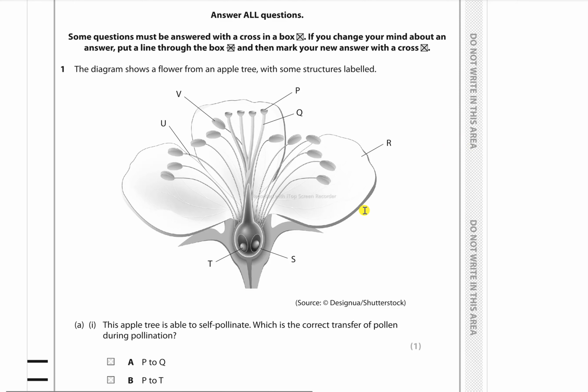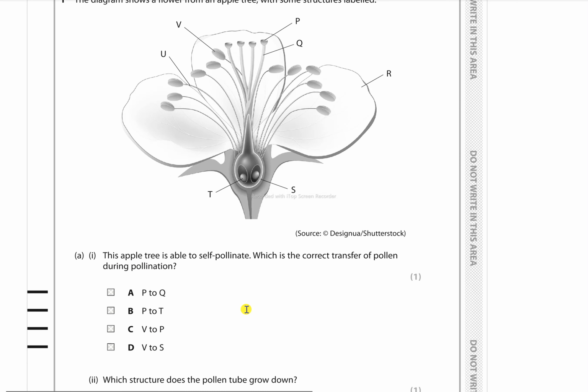Right. This apple tree is able to self-pollinate, which is the correct transfer of pollen during pollination. Let's look at, should we try to name the parts first of all?